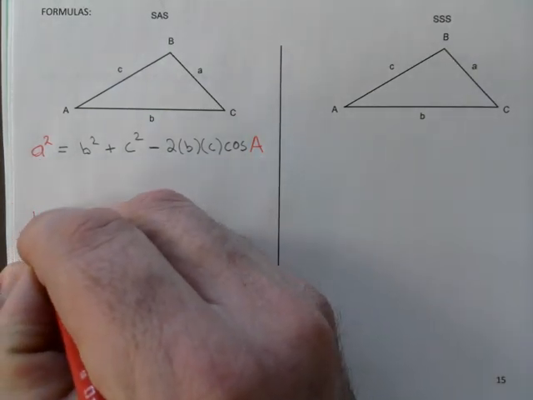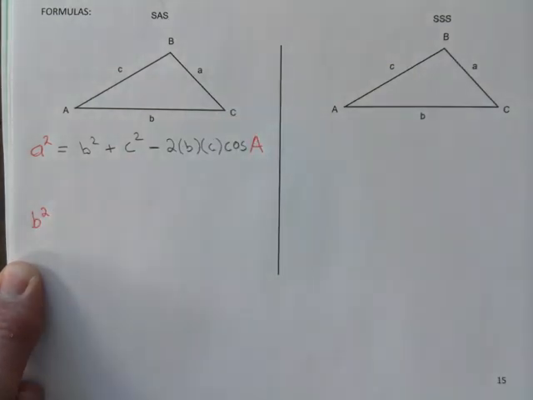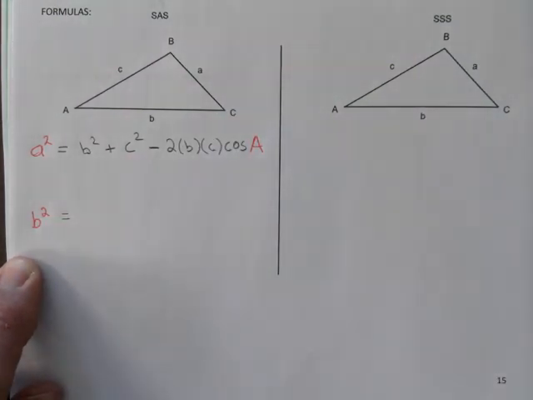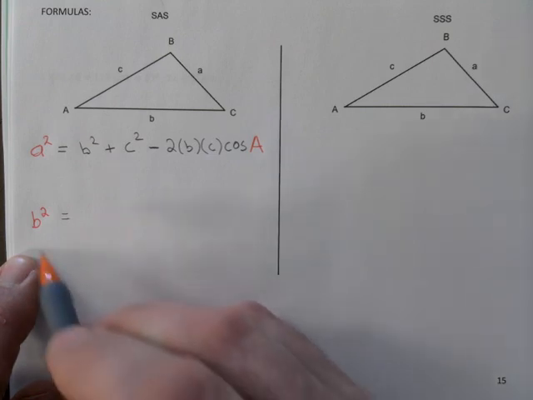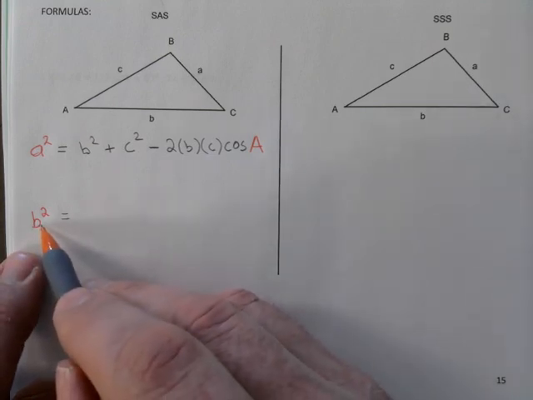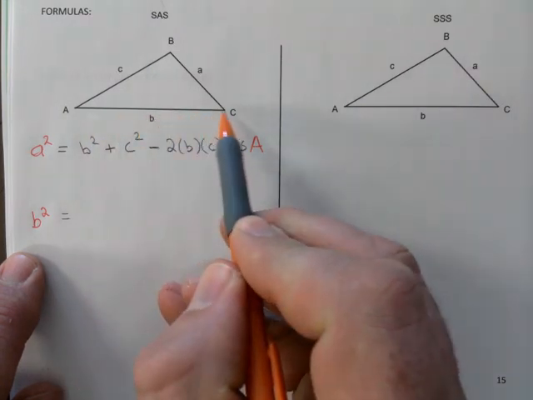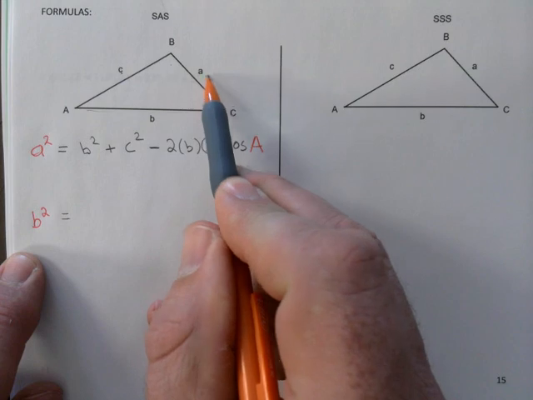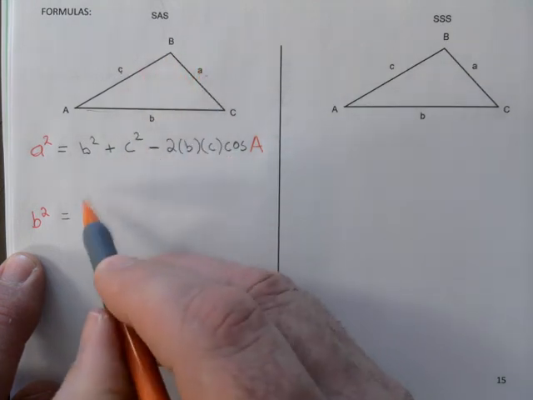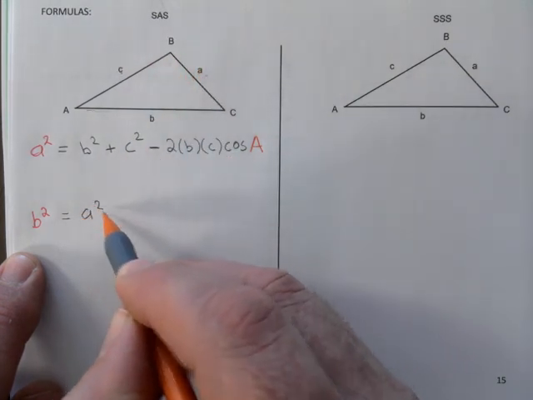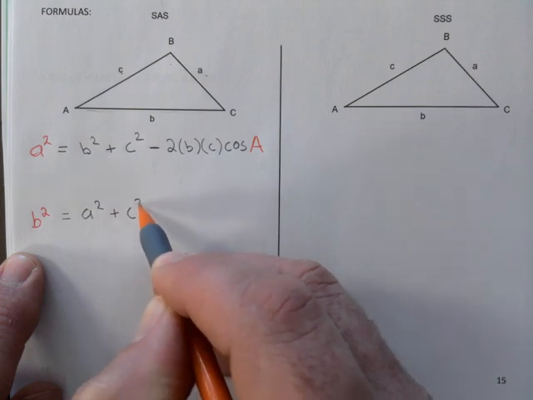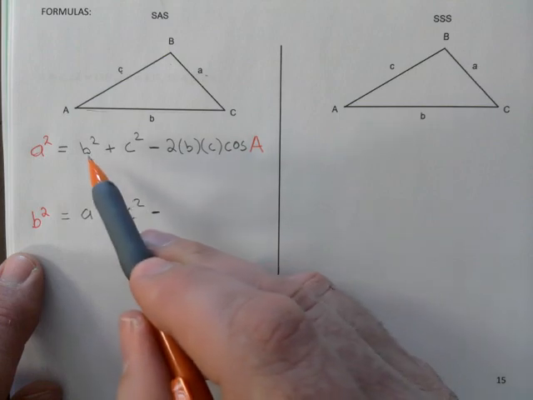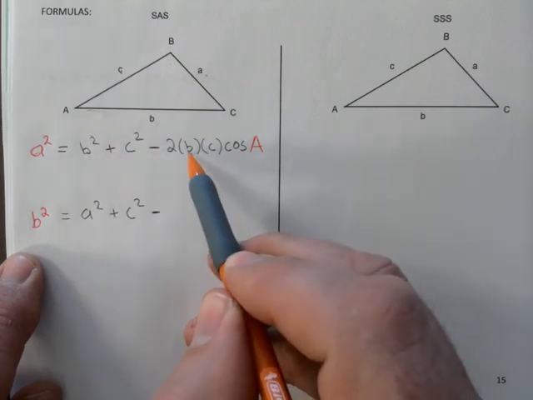Let's say you wanted to solve for side B, then this is what it would look like. So if you want B squared, you're basically wanting to figure out this side. That means that you would know side, angle, side up here. So the other two sides that are known to you would be A squared and C squared. What's the pattern? You see that up here? BC showed up again here.